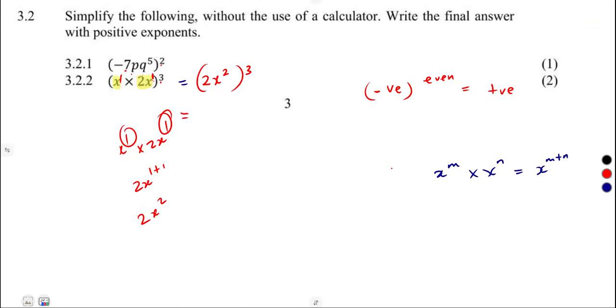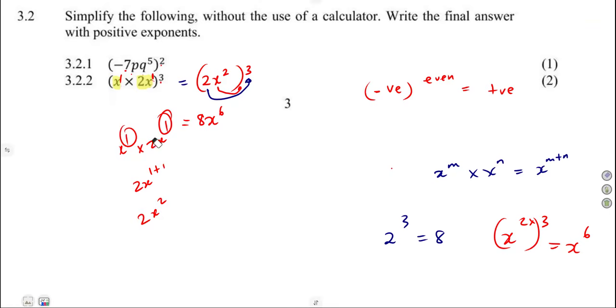So we are back to the same concept where there is an exponent outside, which affects everything. 2 is raised to the exponent of 3, which is going to give us 8. Then x squared is also raised to the exponent of 3, so you multiply exponent to exponent. 2 times 3 is going to give us 6. So that was 8x to the exponent of 6.